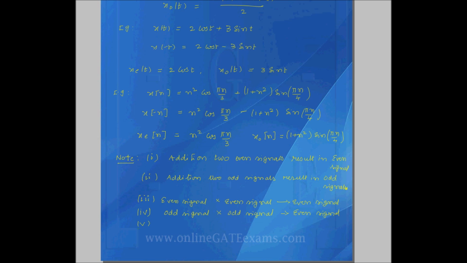And finally, if you multiply an even signal with an odd signal, you get an odd signal. We will see this with simple examples.